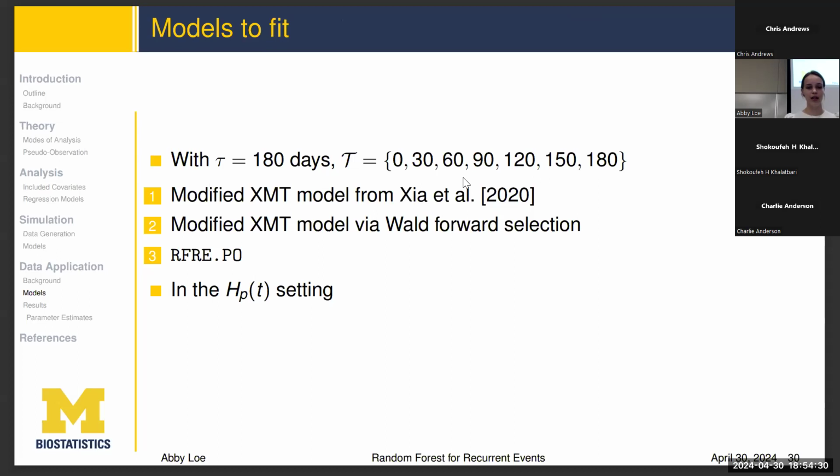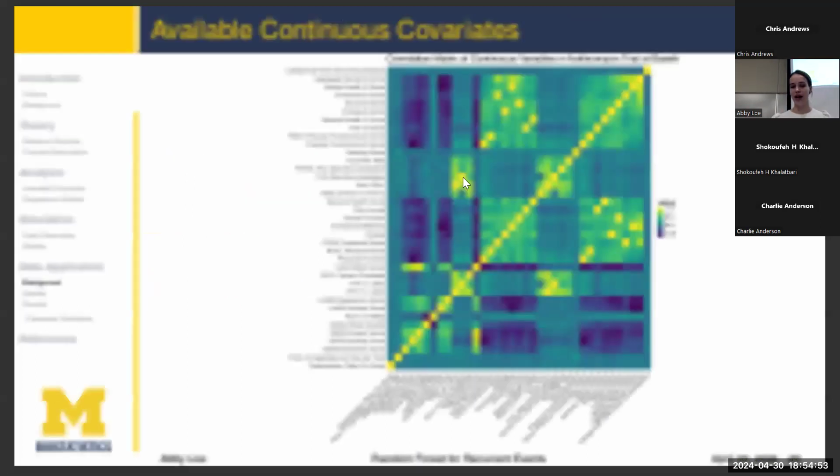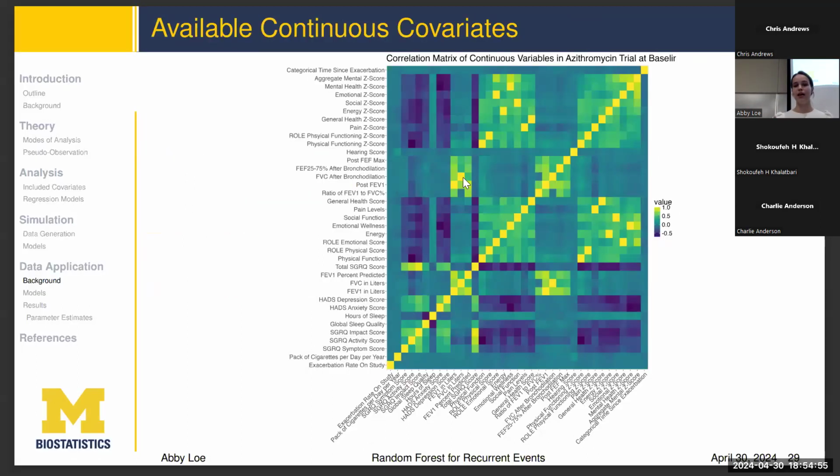We also looked at, if you're a modeler, you might do a Wald forward selection process to winnow out your data and think about how to best model this. So we included variables in our model based on Wald scores. The largest Wald statistic was included in our model until that introduced model instability. Because we had this highly correlated data, say aggregate mental health Z-score has a huge Z statistic, so we put it in our model.